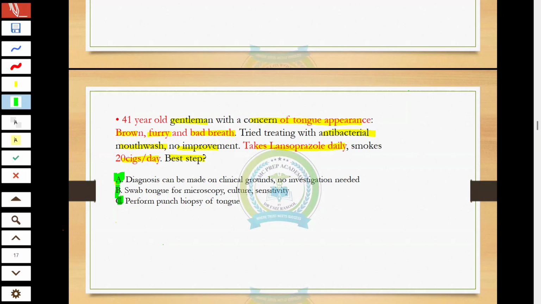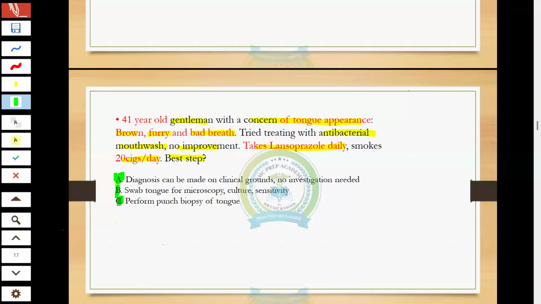Majority are with C, few are with A, and as well with B. It means three answers are possible, right?